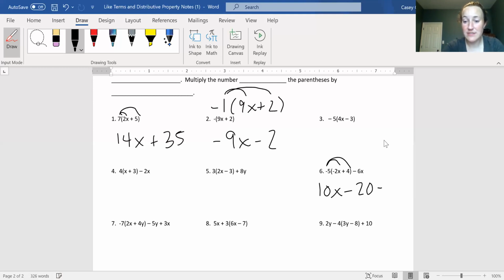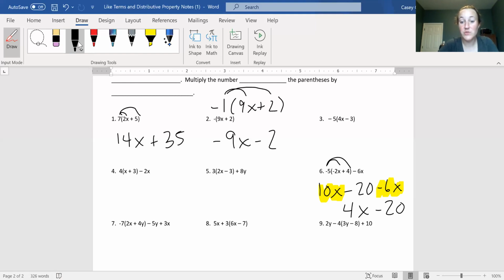Drop down this -6x. It's still a part of the problem. We need to deal with it. So look at this answer. Do we have any like terms that we can put together? Hopefully you're saying yes. We've got a 10x and a -6x. Let's put those together. 10 minus 6 gets me to 4x, and then I still have -20.